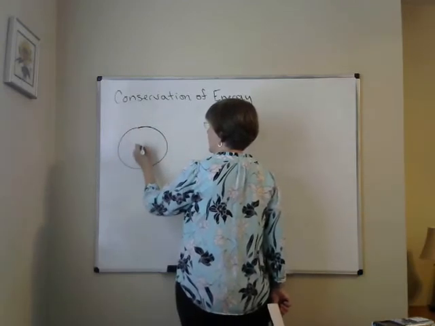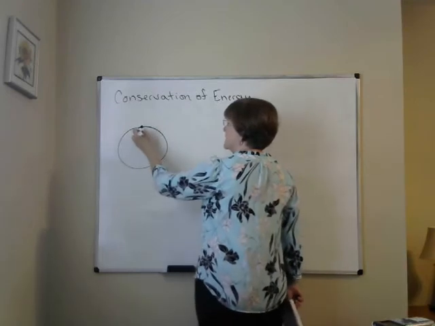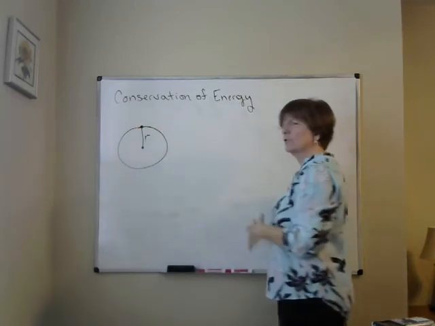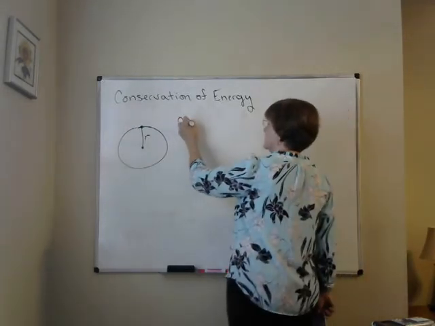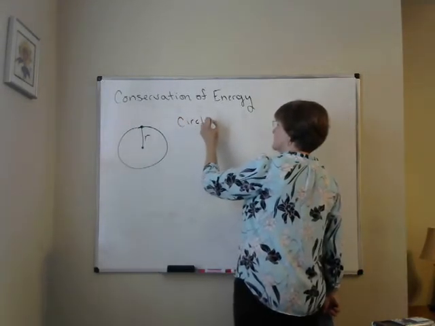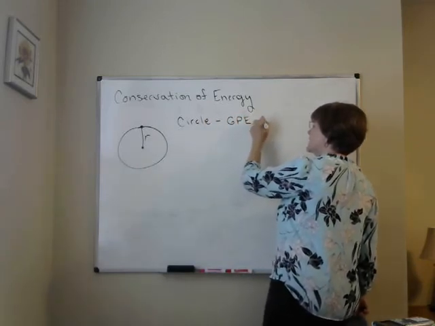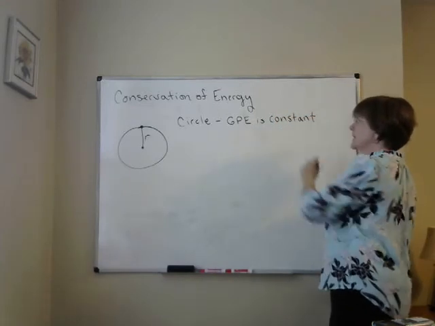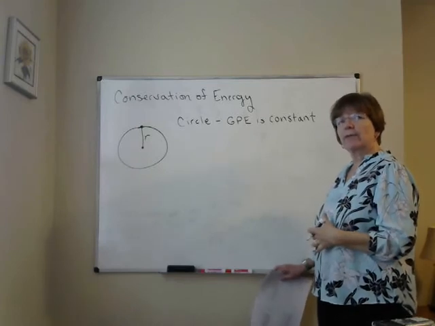Let's just think about a satellite orbiting the Earth. This distance is always the same when you're in a circular orbit. If you're in a circle, the gravitational potential energy is constant. You're not getting any closer to the Earth, you're not getting any farther away from the Earth.